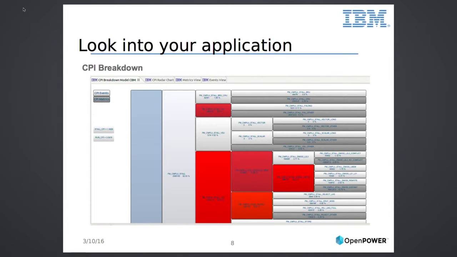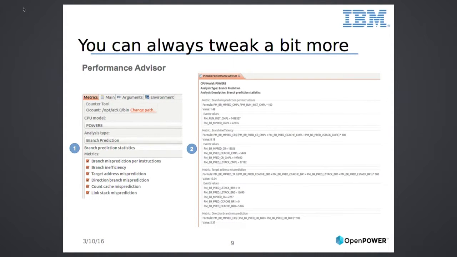And then you can use the other tools you have to analyze and improve the performance. Okay, if you're not satisfied with the performance yet, you can use the Power Performance Advisor, which works similarly to the CPI, but it puts together groups of events and shows the values of those events when you profile your application.